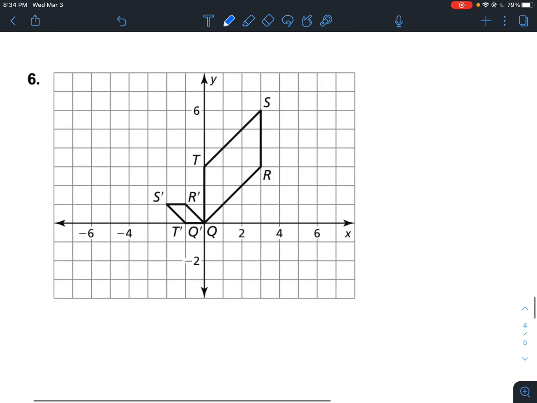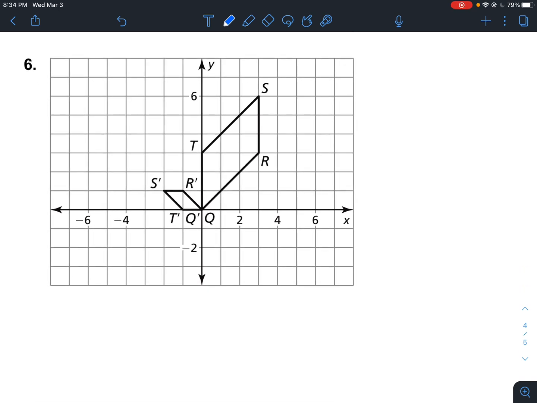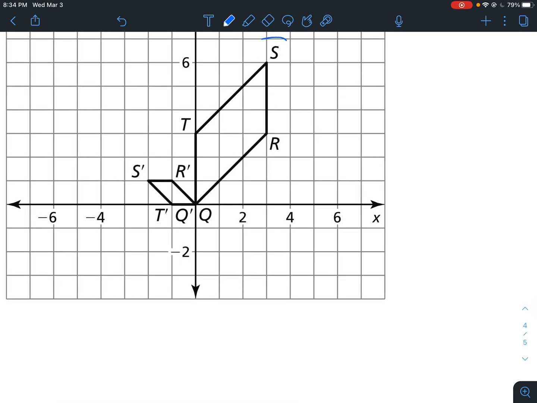Now for 6, okay, now notice that if I were to reflect it, so I'm going from here to the smaller image. So if I were to reflect it, that would put me something like this, which is not the same image.